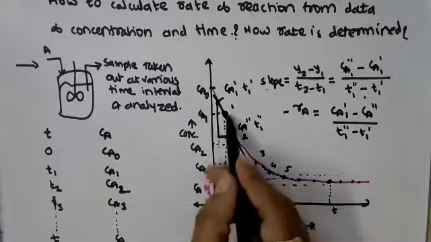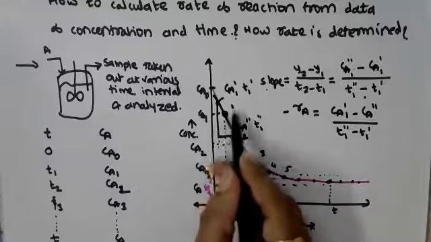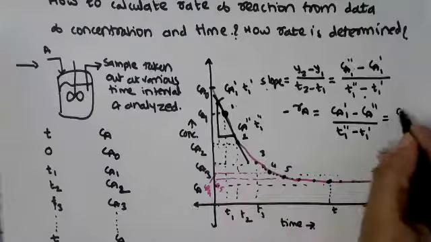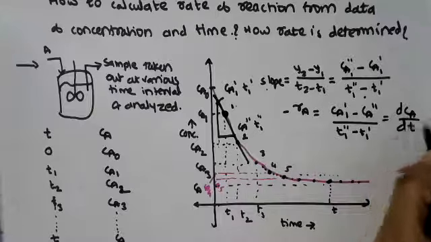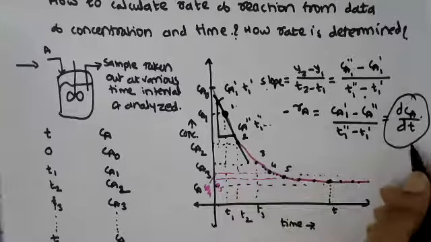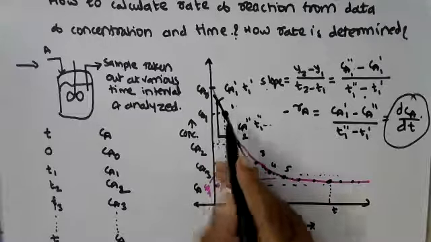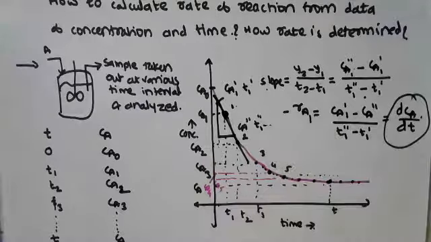So corresponding to point 1, I have determined the slope, which represents dCA by dt, and this dCA by dt is equal to the rate of reaction. And since it corresponds to point 1, I may denote it as minus Ra1.